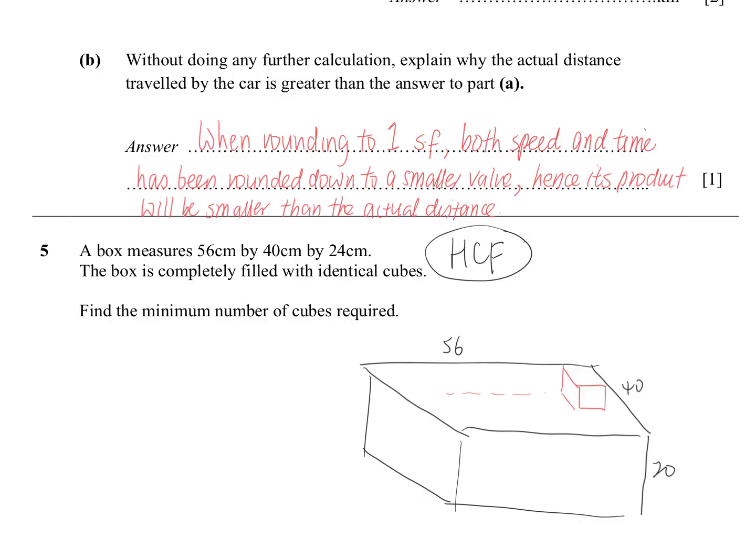So because you want to find the minimum number of cubes that you can fit in, you need to find the largest dimension of the cube that you can fit in. So you are trying to find the highest common factor, meaning the largest number that can divide these three numbers.